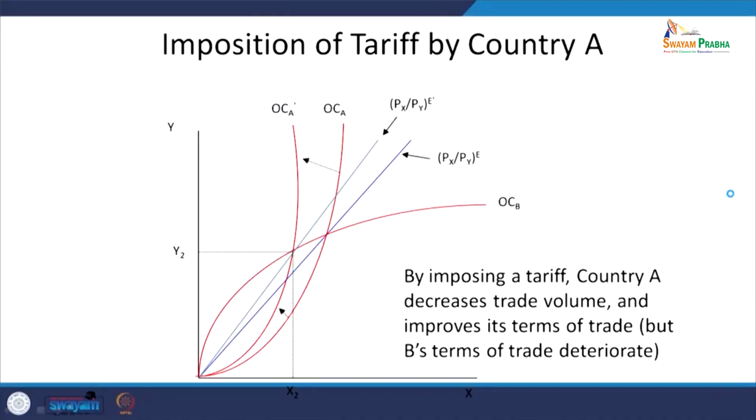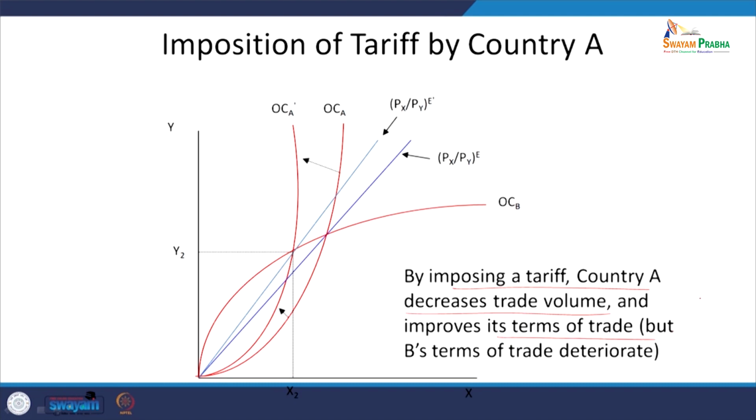Now, we will talk about all these details in the next class, but let us examine why there is a shift. One of the reasons is tariff. With the imposition of a tariff by country A on imports, the volume of trade decreases, and country A improves its terms of trade.